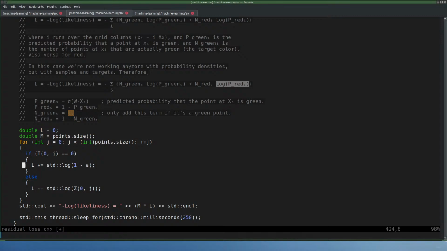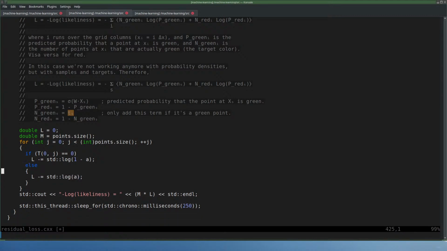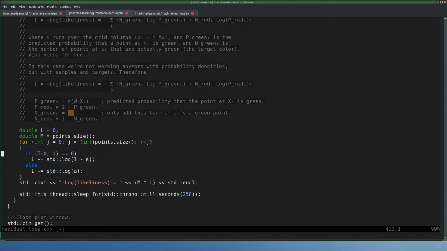Call that A of activation. And otherwise we add, oh wait, there's a minus in front of it, so both cases must be minus. Otherwise you do the log of A. Where A is the sigmoid.